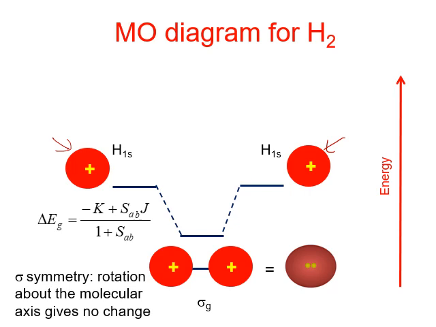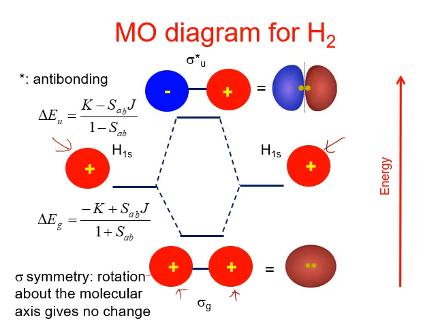One is called a bonding molecular orbital when the two atomic orbitals have the same sign, and an anti-bonding molecular orbital when the two atomic orbitals have different signs. For the anti-bonding molecular orbital, we use a star symbol. This molecular orbital is anti-bonding. In the anti-bonding molecular orbital, there's no electron density between the two nuclei.